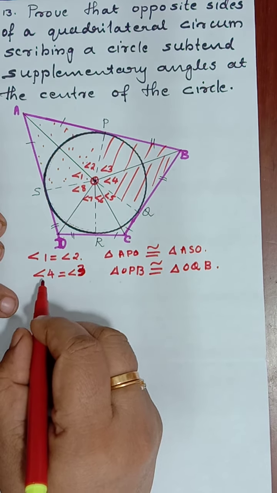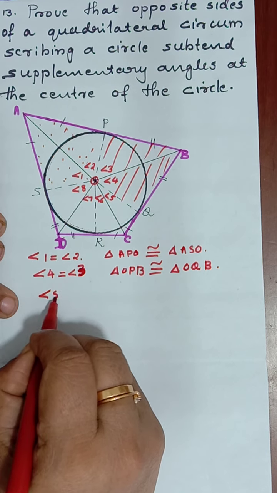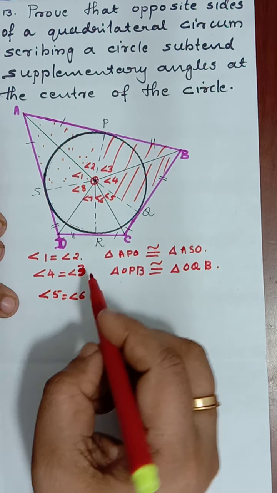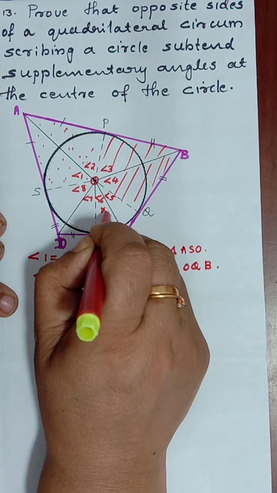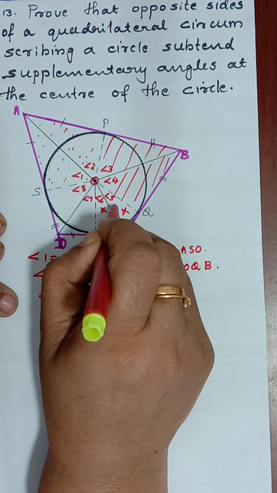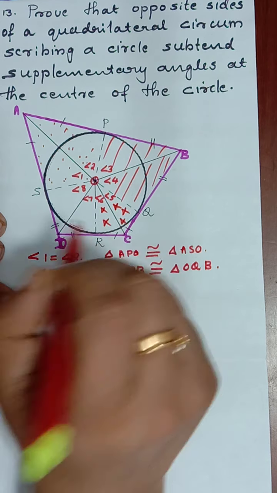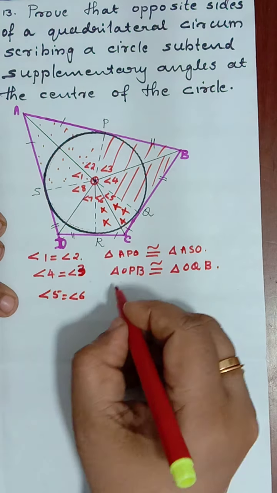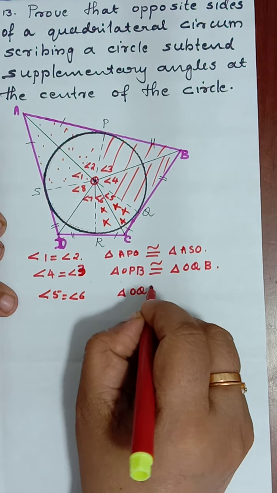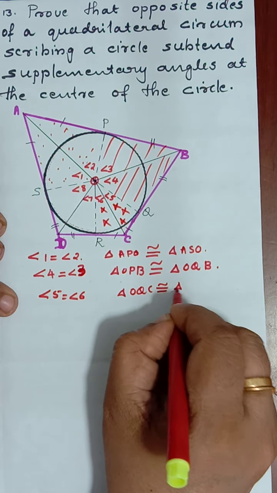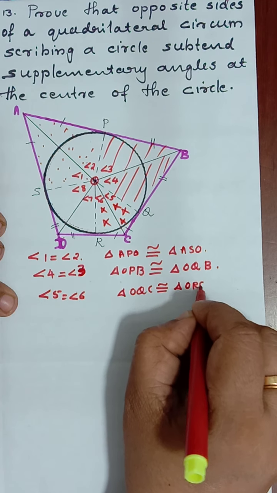Okay. Now comes angle 5 is equal to angle 6. These are the two triangles. That is, triangle OQC is congruent to triangle ORC.